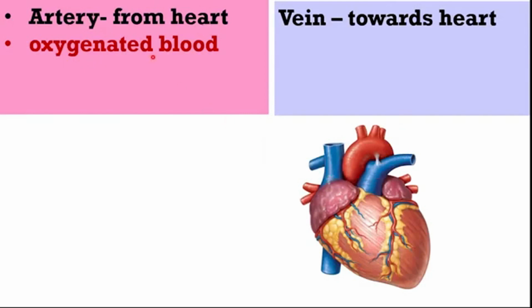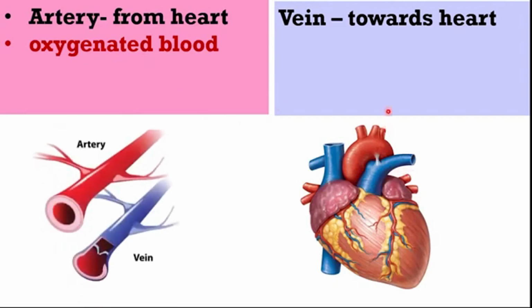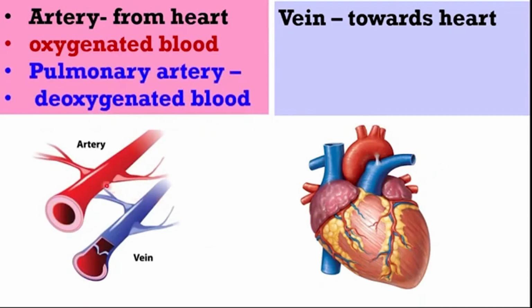The two main types of blood vessels are arteries and veins. Arteries carry the blood away from the heart and veins carry the blood towards the heart. So the heart pumps the blood through the arteries and receives the blood through the veins. Arteries carry oxygenated blood.